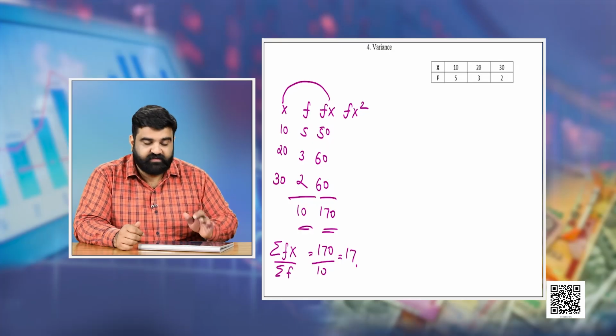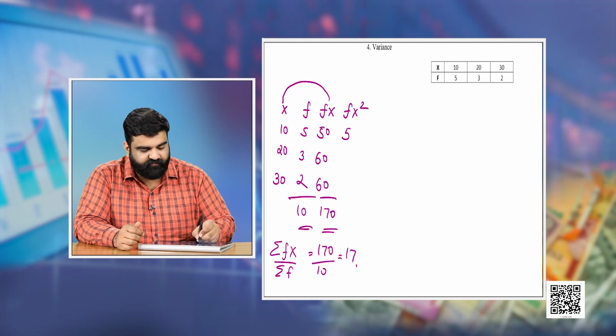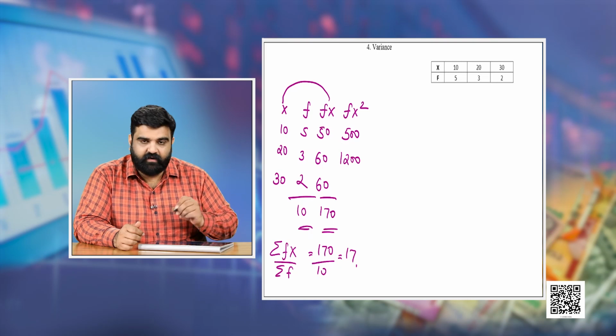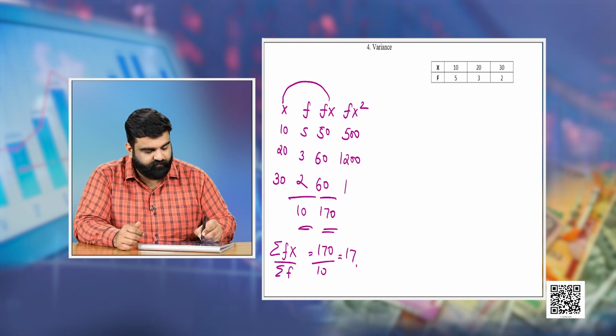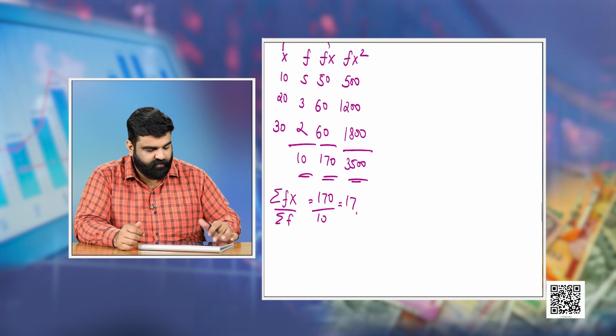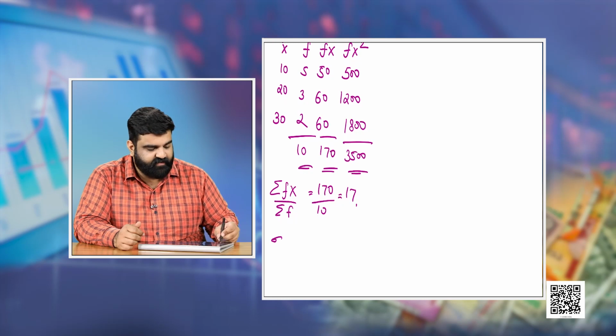Let us first use the direct method. So, we will multiply fx with x. So, we have 500, we have 1200 and then we have 1800. Let us total this out. This will be 3500.